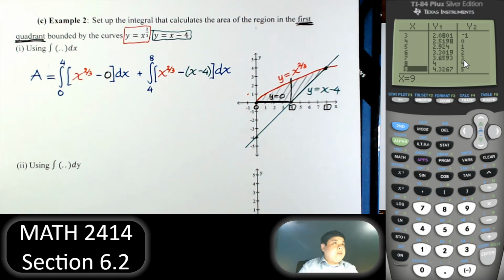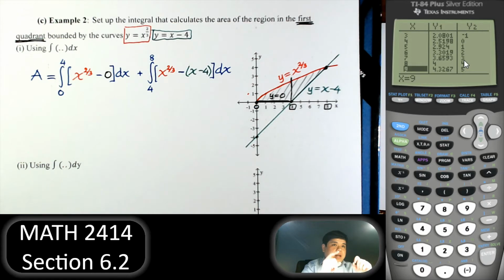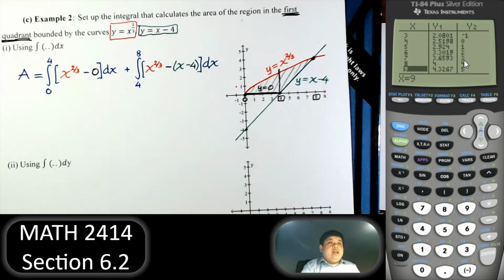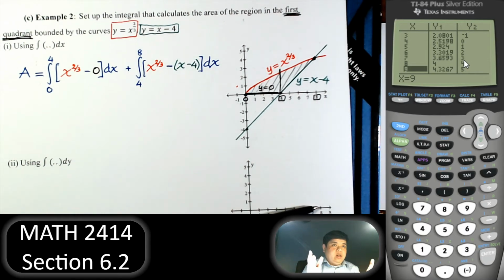Right. So there are two integrals because there are two boundaries. If we have one on the top, one at the bottom, that is only one integral. Likewise, one on the right, one on the left, one integral. When we have more than one boundary, we're going to need more than one integral.